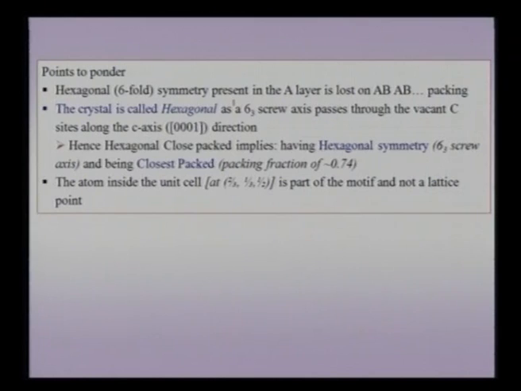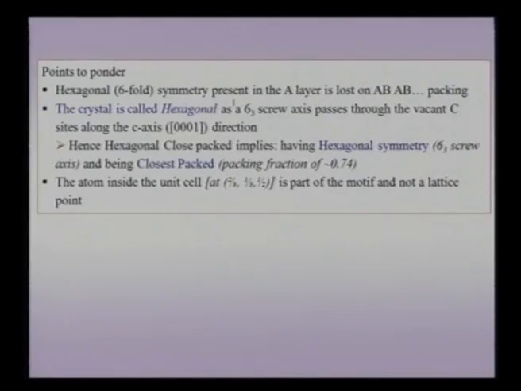As I mentioned, the vacant C sites were of importance for our consideration, and this is the reason: you have a 6-3 screw axis passing through the vacant C sites, which you have already seen in the 0 0 0 1 projection. Even though this is not a pure rotational 6-fold axis, it still has a 6 in it, and that is why crystals which have a 6-3 screw axis are classified under the hexagonal class.